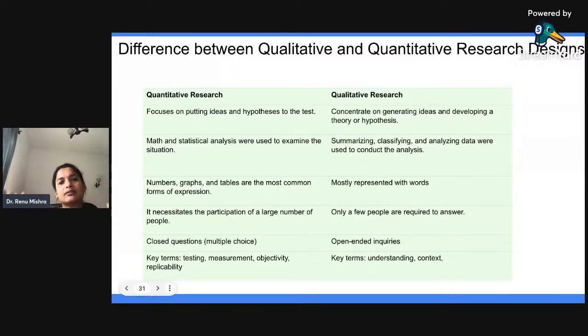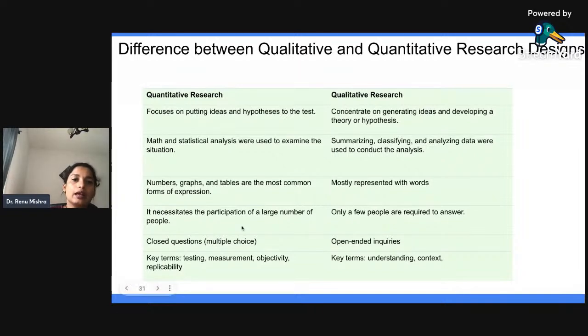Quantitative research demands you to test your hypothesis, and qualitative research demands you to develop your hypothesis. In quantitative research, you already have an assumption, which is called a hypothesis, and you test whether it is right or wrong.